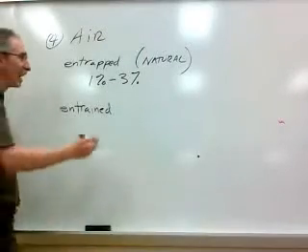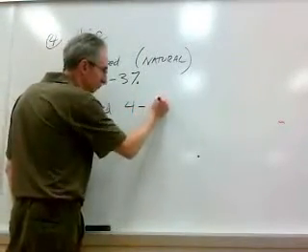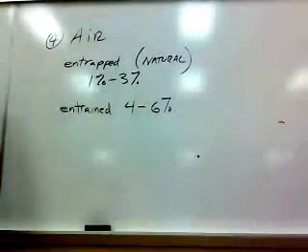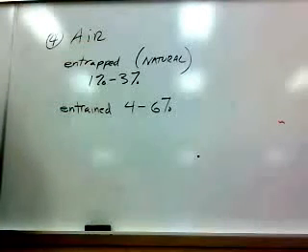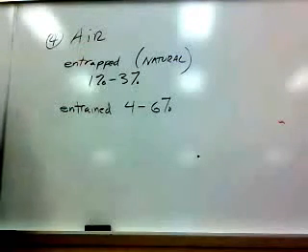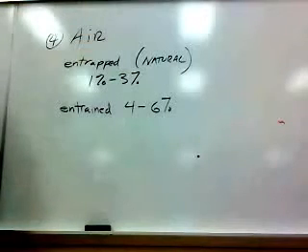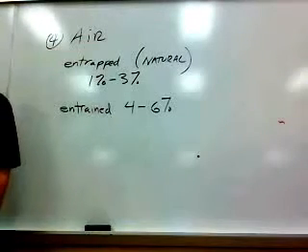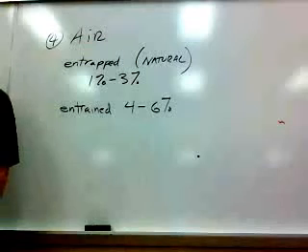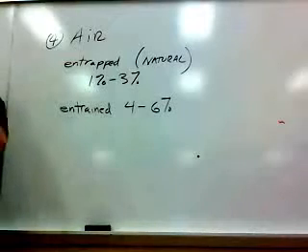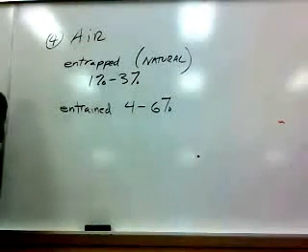Entrained air would probably be added to give maybe 4 to 6% more air. So your total maximum air, you probably want to limit to about 8%, maybe 9%. Entrained air, though, is on purpose. We put it in on purpose. So you can imagine that if we've got 6, 7, 8% air in our concrete, the amount of concrete volume-wise is much larger.